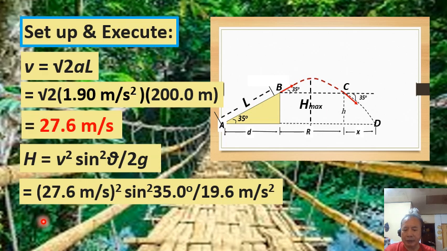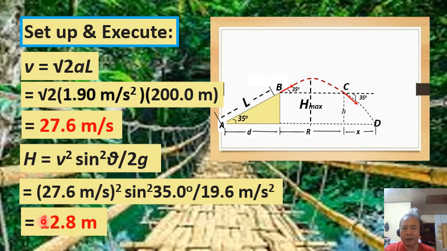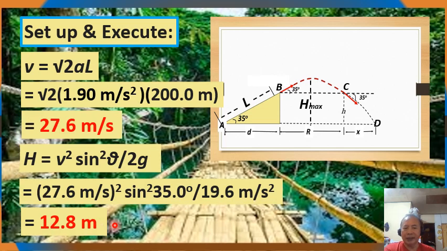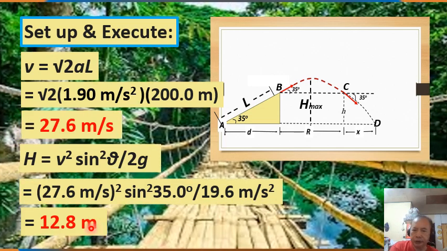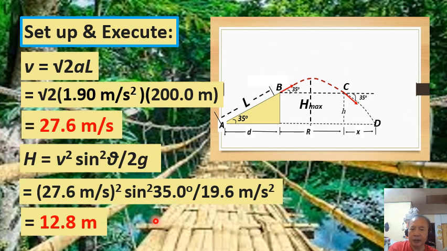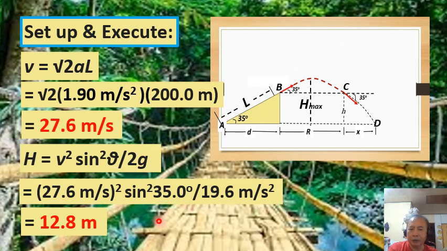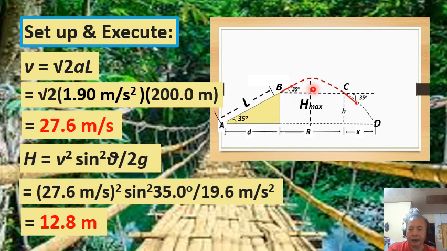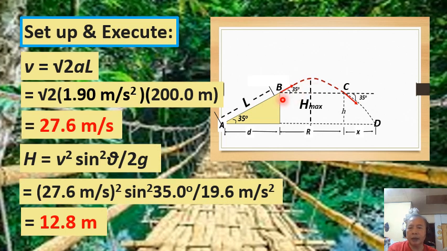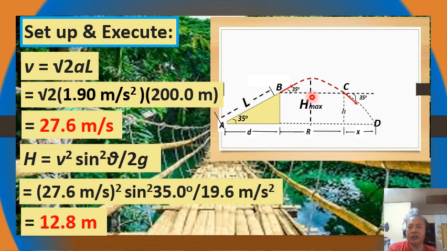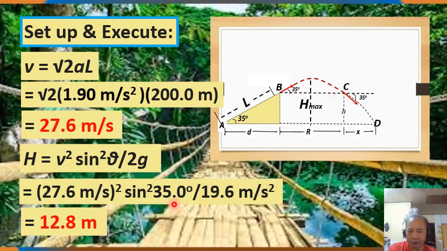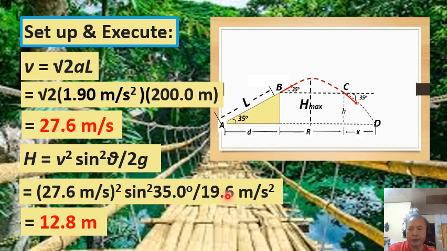So when you do the math, we find the height H equal to 12.8 meters in three significant figures. Take note, this is not yet the maximum height from the ground, but rather it is just the maximum height from the horizontal line connecting point B and point C.